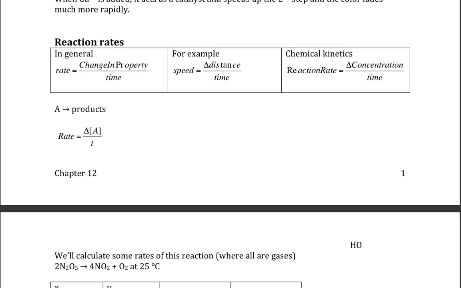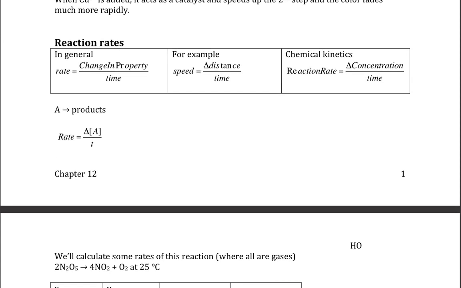In general, rate is change in property over time. We're familiar with speed. We think about that as we drive our car. Speed would be the change in distance over the time it takes for that change.